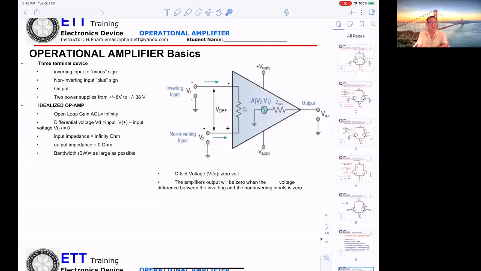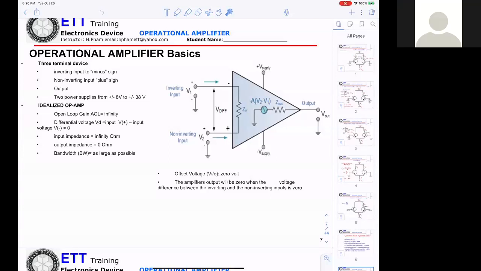I don't care about V1, V2. Sometimes different textbooks use VA or VB, that doesn't matter. Make sure you understand. If they go to the negative, the name is inverting. If they go to the positive, it is non-inverting.